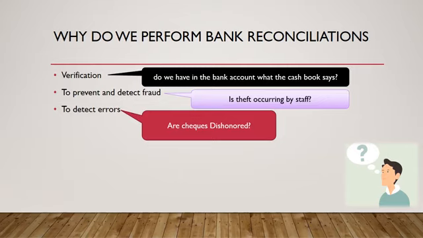So now John has to go and record a dishonored check because the check has been rejected by the bank, because maybe there are not enough funds, or the signature does not match the right signature that Chipo should be writing.